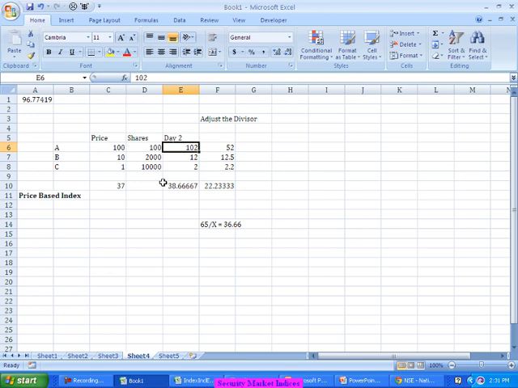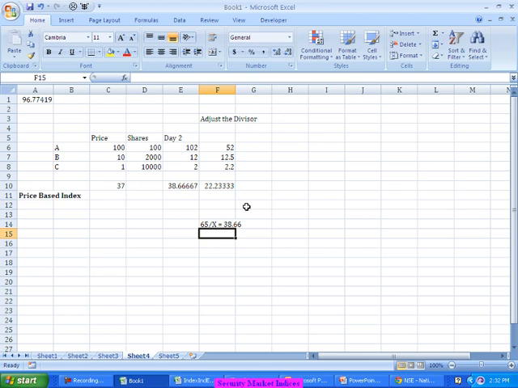So adjust the divisor accordingly. Don't divide by 3 anymore. When I say average, I am adding that whole thing and dividing by 3. Now what we are saying is, don't divide by 3. You change the divisor in such a way that the answer is still 38.66 only.